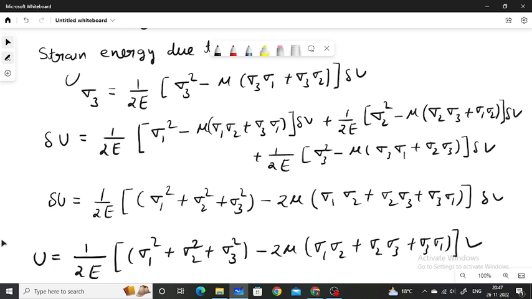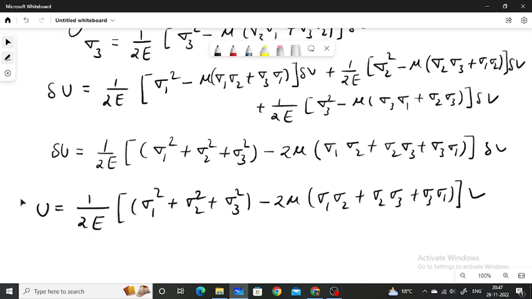So delta U will be equal to 1 by 2E sigma 1 square minus mu sigma 1 sigma 2 plus sigma 3 sigma 1, delta V, plus 1 by 2E sigma 2 square minus mu sigma 2 sigma 3 plus sigma 1 sigma 2, delta V, plus 1 by 2E sigma 3 square minus mu sigma 3 sigma 1 plus sigma 2 sigma 3, delta V.